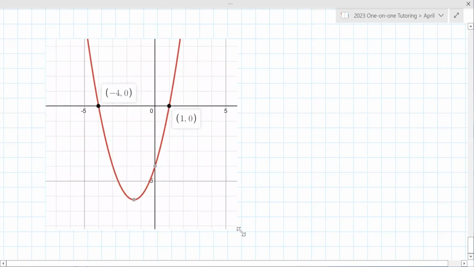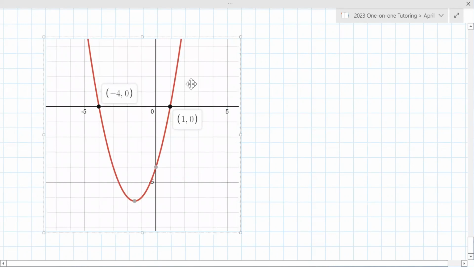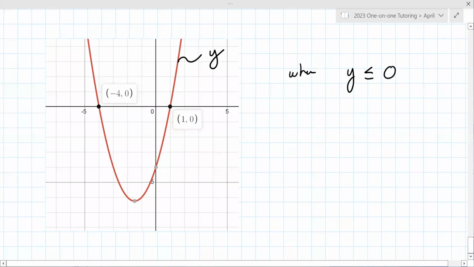Okay, so here's a graph. And just for simplicity, let's just call this y. Where is y less than or equal to 0? And I want the answer in interval notation to start.